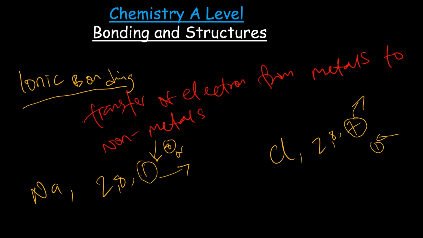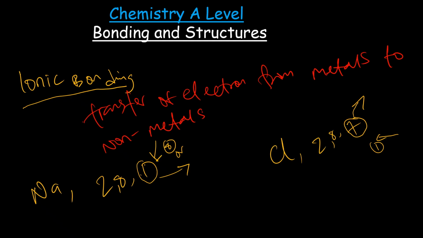And what do you think is easier for chlorine to do? It will be easier for chlorine to receive 1 electron. So in this case, sodium will combine with chlorine and transfer an electron to chlorine to become stable. Chlorine will receive the electron to become stable as well.